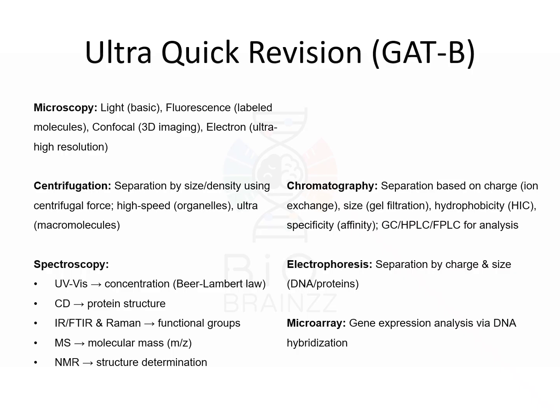In spectroscopy, UV visible is used for concentration, CD for protein structure, IR and Raman for functional groups, MS for molecular masses, and NMR for structure. Chromatography separates based on charge, size, and affinity. Electrophoresis separates DNA and proteins, and microarrays are used for gene expression analysis. This slide is very useful for last minute revision.